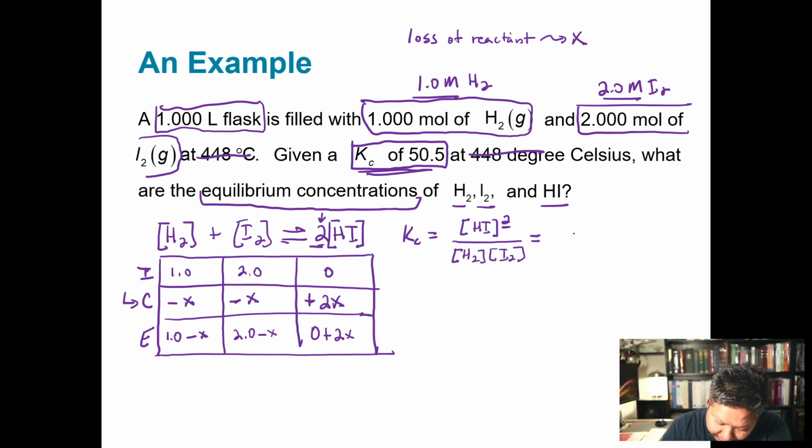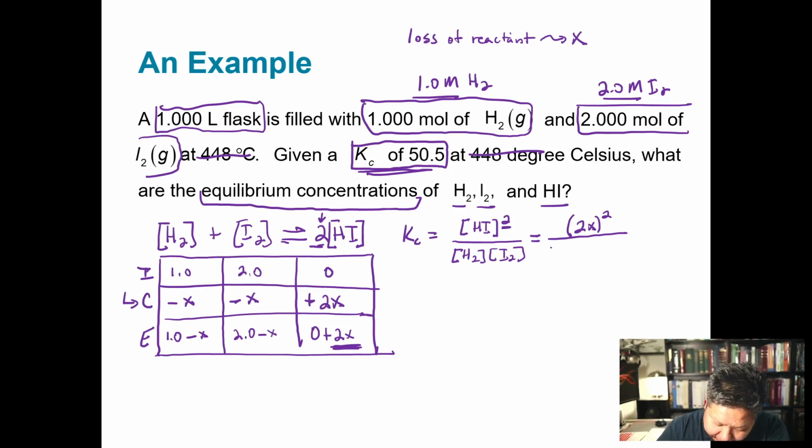So for HI, what we're going to have is this down here, right? At equilibrium, it's 2x. But again, it's not just 2x. It's (2x) squared because of the exponent. So don't forget to do that. I always put my 2x's into parentheses with an exponent to make sure that the calculator knows that both the 2 and the x are getting squared, not just the x, right?